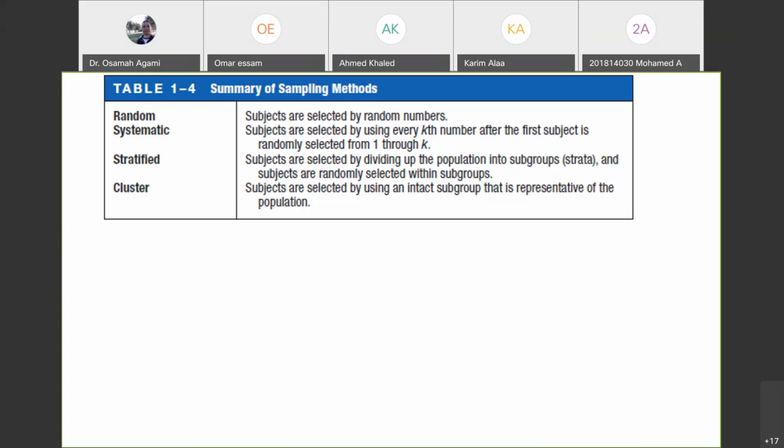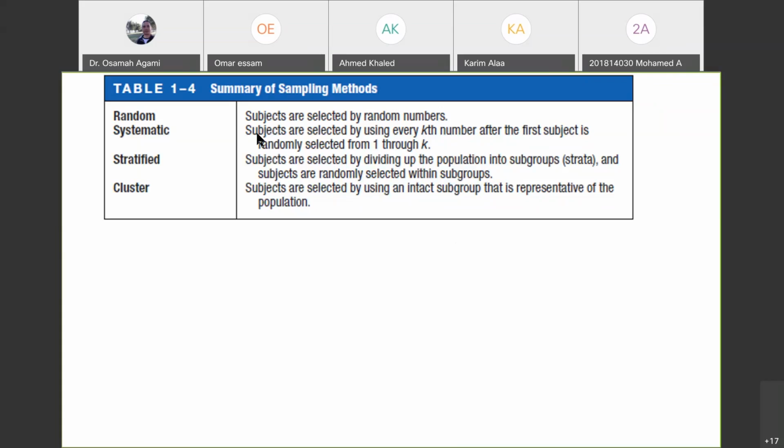What is the difference? Random comes from the name, random. When you go to the mall and buy something, they give you a form to fill and put in the box, and they choose some winners randomly, right? This is how to get a random sample.